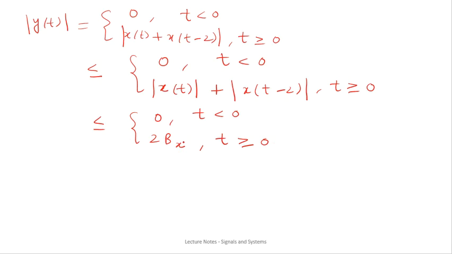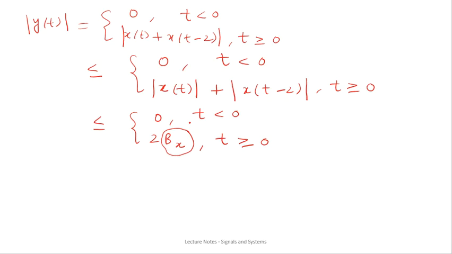So what we conclude from this is that if any input is bounded by any arbitrary positive number bx, then the corresponding output is also guaranteed to be bounded, isn't it?